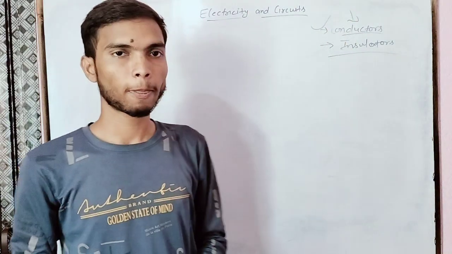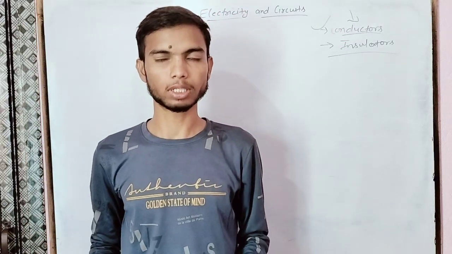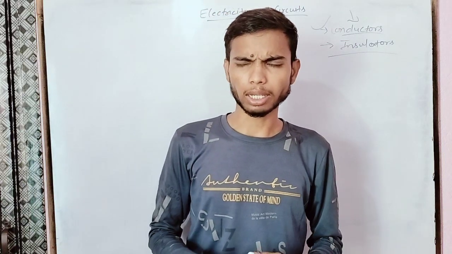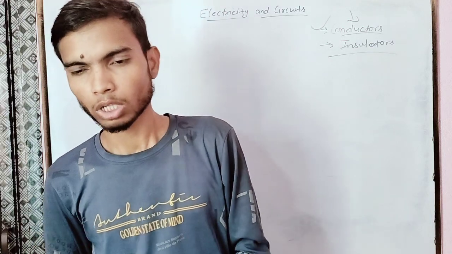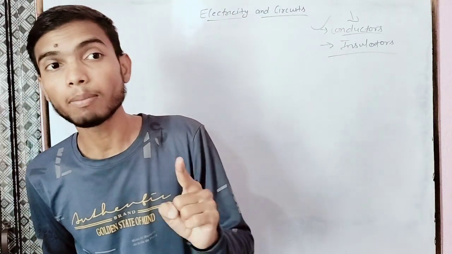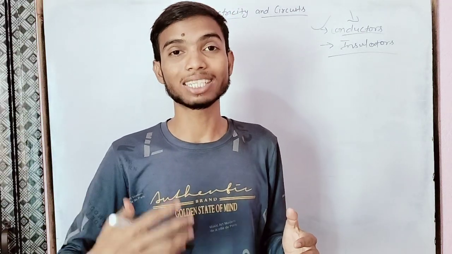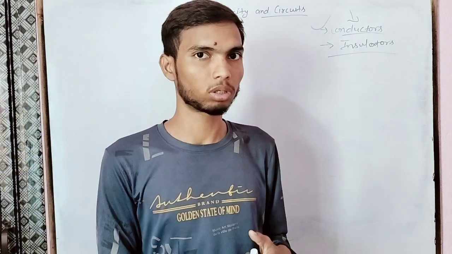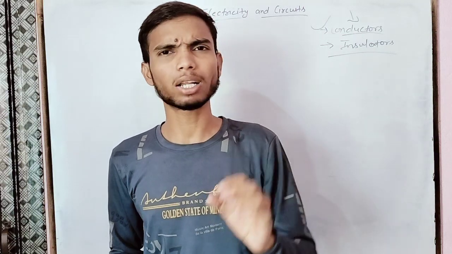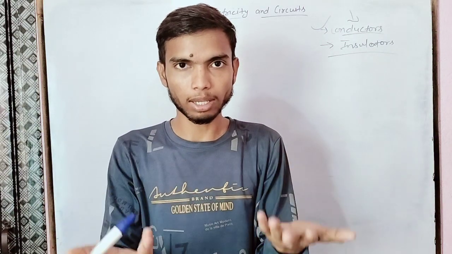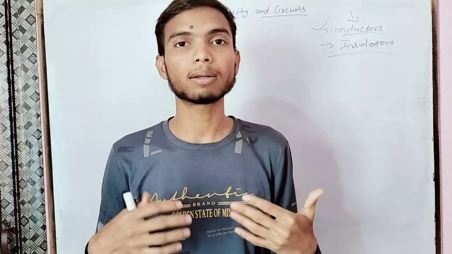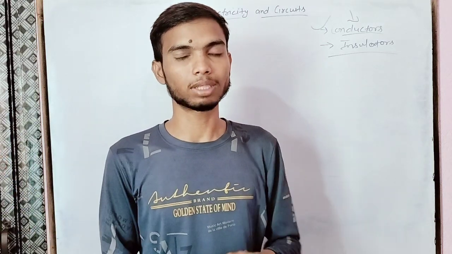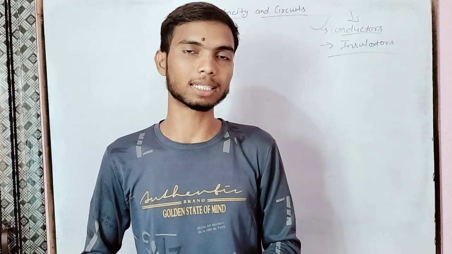So, any material you can take, there are a lot of materials. If that material gives permission to pass electricity, to pass electrons, if that material allows electricity to pass, then we can say it will work as a conductor.